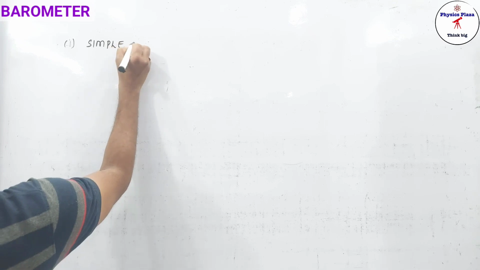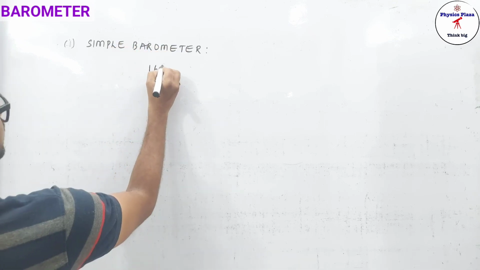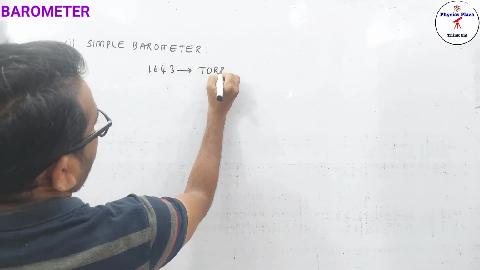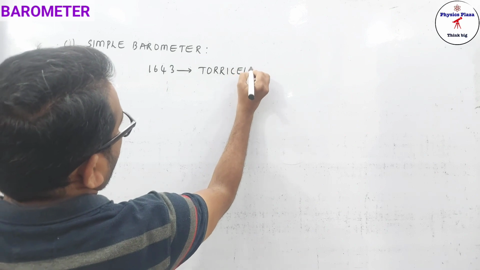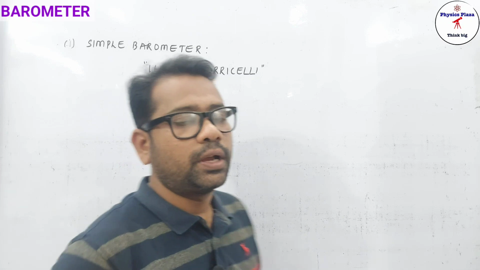In 1643, the scientist called Torricelli designed the first simple barometer. Now let us see, children.